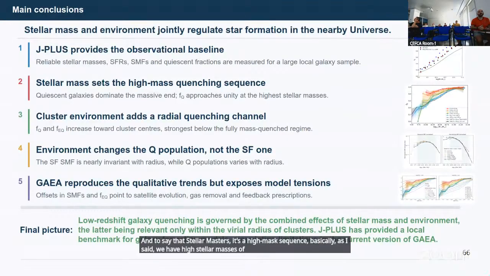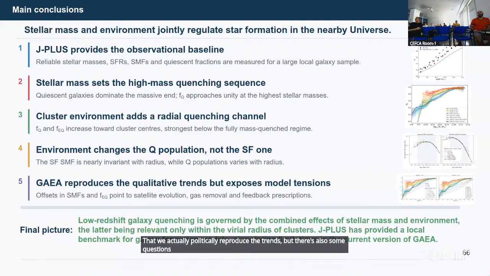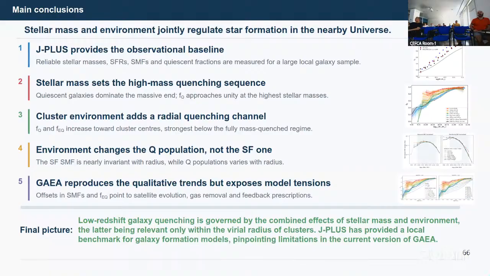The cluster environment adds a radial quenching channel, and the environment changes the equalizing population of the star-forming ones. And we have some tension with GAEA: we nicely reproduce the trends qualitatively, but it causes some tensions. And that's the final picture.